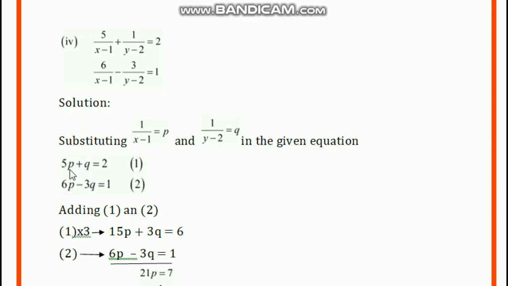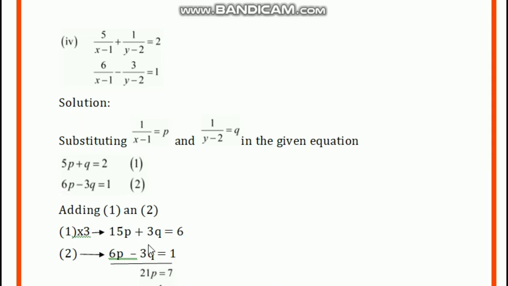So their coefficients are different. So if we multiply by 3 on both sides, we will get equal terms. So if I multiply by 3, we will get 15p plus 3q equal to 6, and the second equation is 6p minus 3q equal to 1.